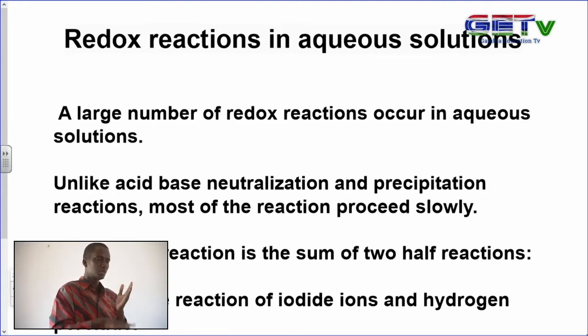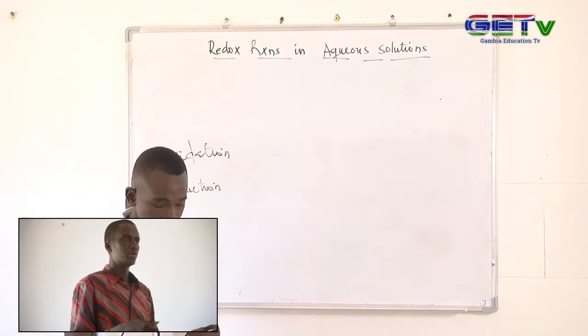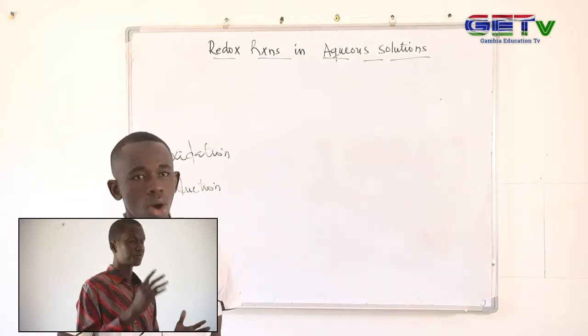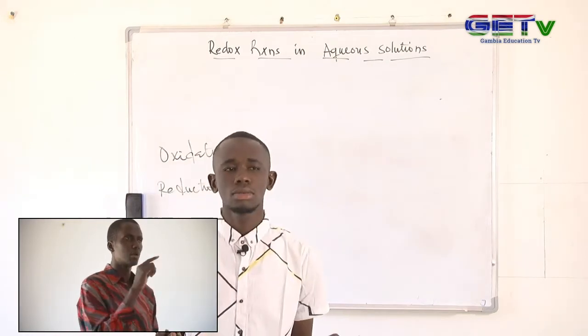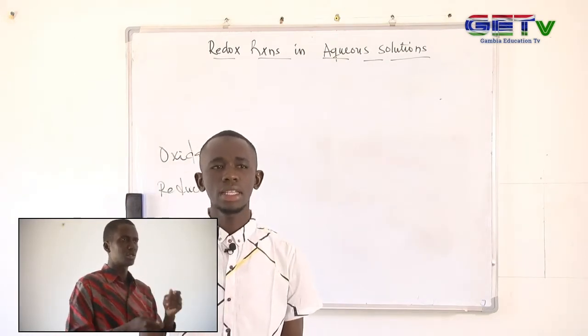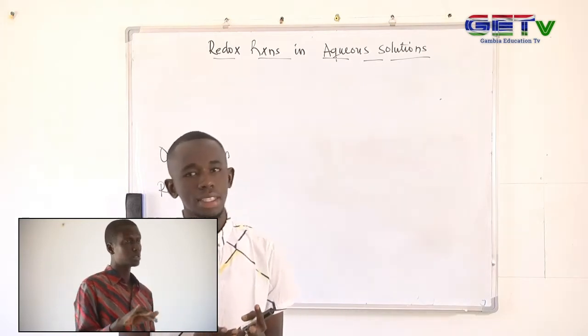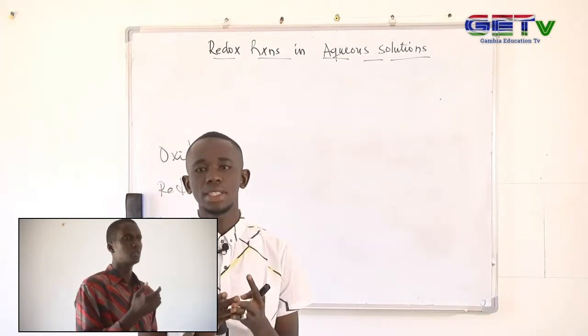Now today, we'll be dealing with reactions, and we will balance these reactions using the oxidation and reduction half-reaction method. A large number of redox reactions occur in aqueous solution, and these aqueous solutions could be neutral, acidic, or basic.